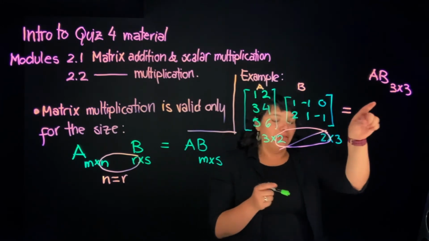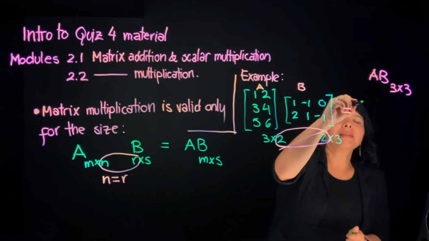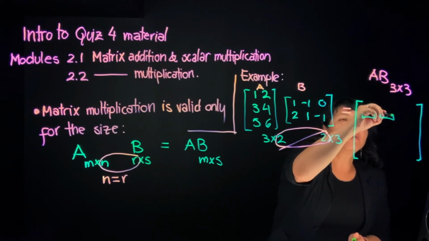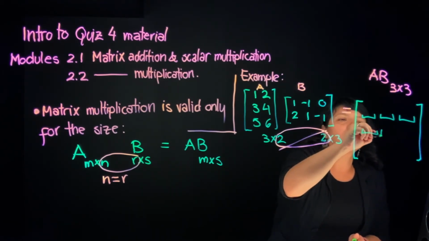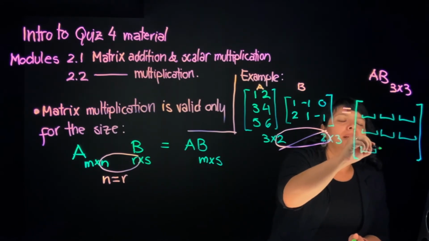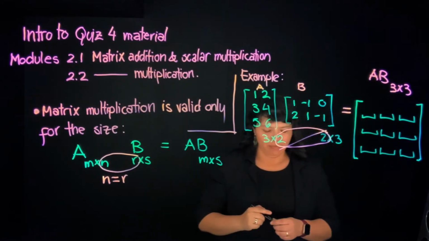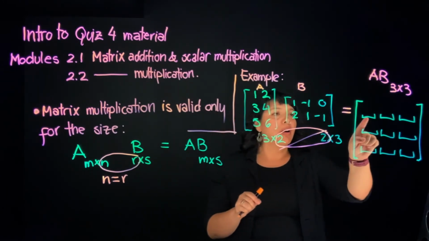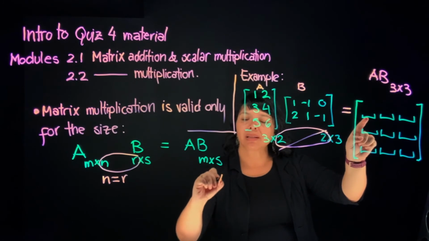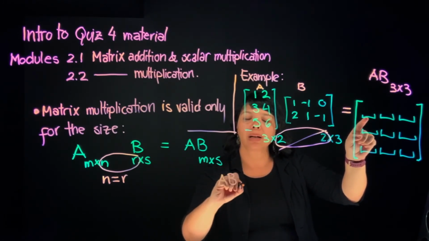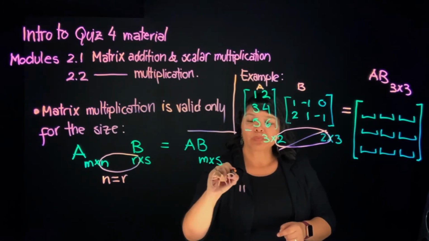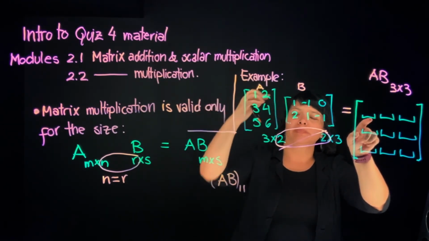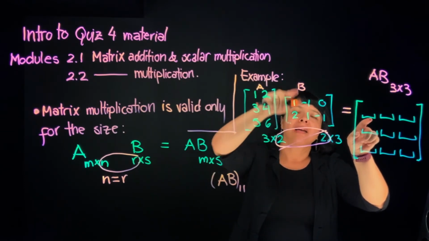So let's see, my 3 by 3 matrix is going to look like this, right? This is my term 1,1, 1,2, 1,3, 2,1, 2,2, 2,3, etc. Let me give you an example for my 3,3 entry. If I want my matrix AB, the term 1,1 is going to come from the first row and the first column.